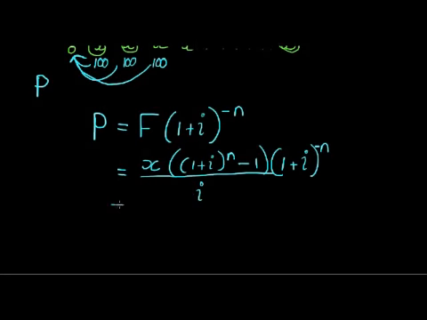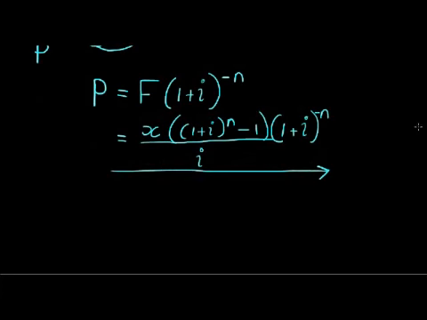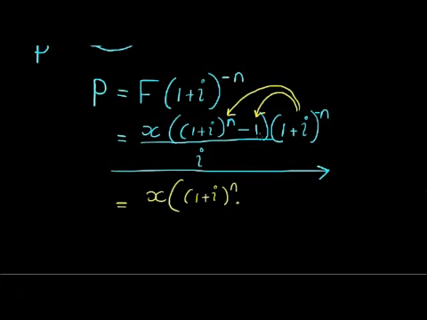And there we go. There is already a lovely formula that is quite simple, but we can actually simplify that formula even more. Let me show you how. All I'm going to do is distribute this bracket inside this top bracket. So that gives me an x. I've got 1 plus I to the power of n that is now multiplied with this bracket 1 plus I to the power of negative n.